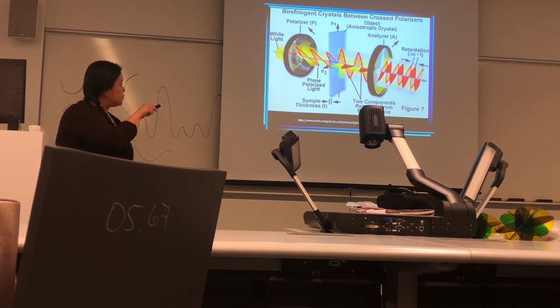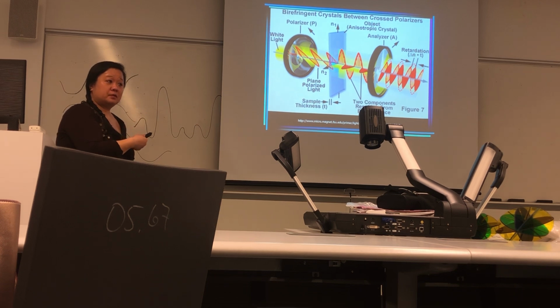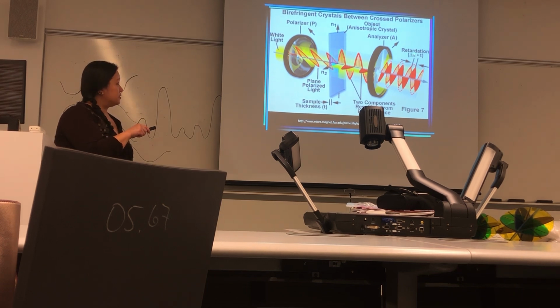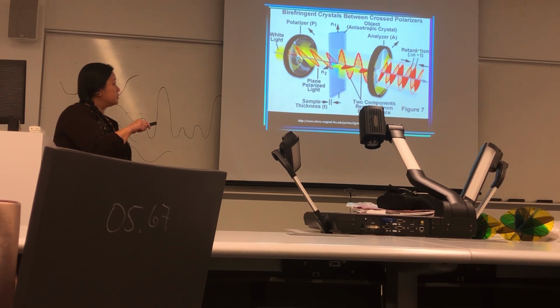So what's the difference between the refractive index in this orientation, vibrating up and down, and the refractive index of light that's vibrating side to side? And the thicker the sample is, the more retardation there will be. That makes sense if you go by delta n, what's the difference between n1 and n2? That's the birefringence, by the way, times thickness.